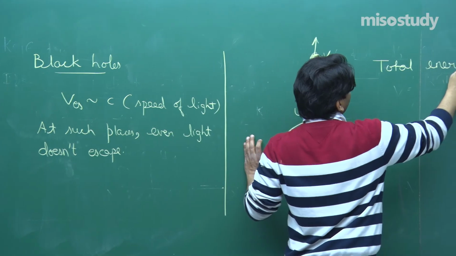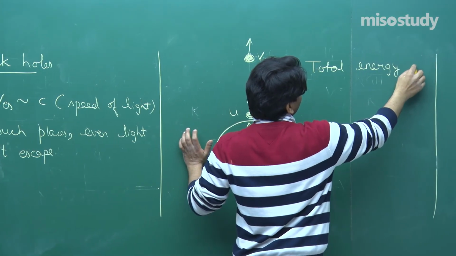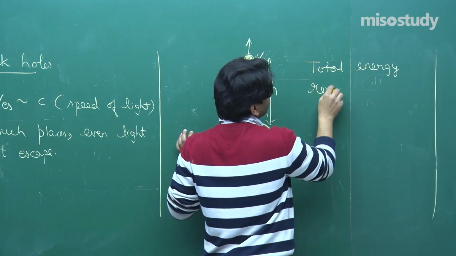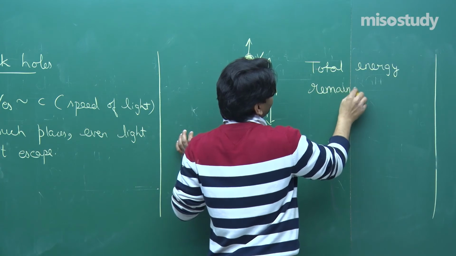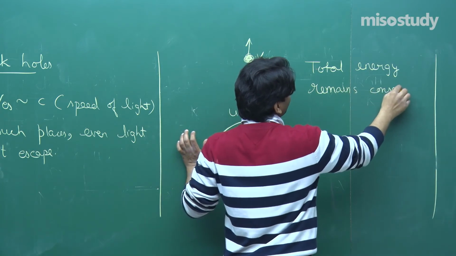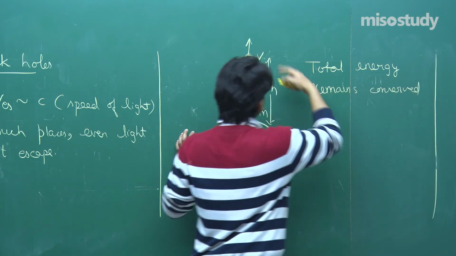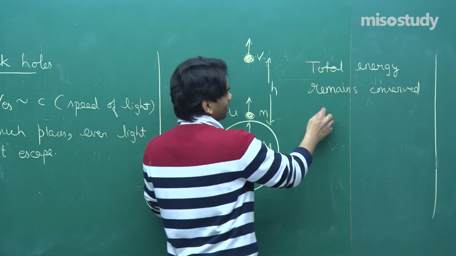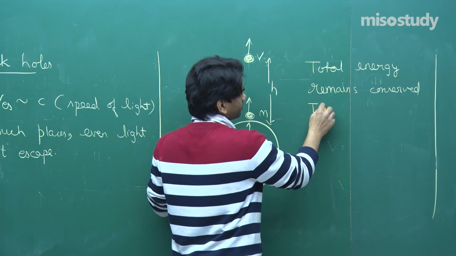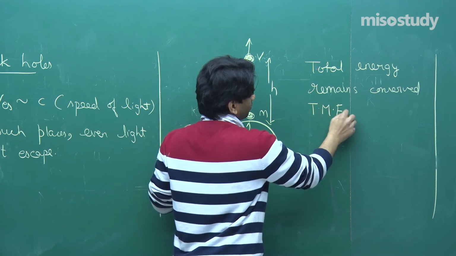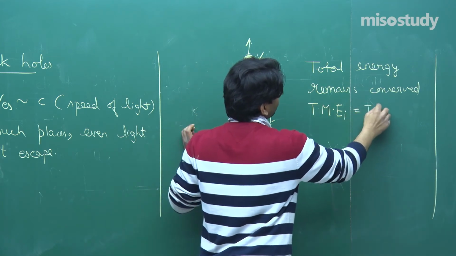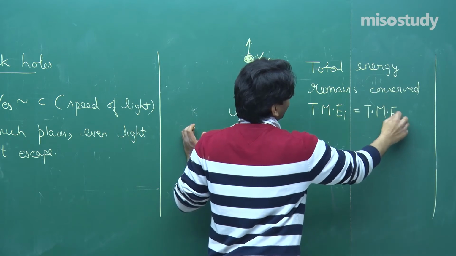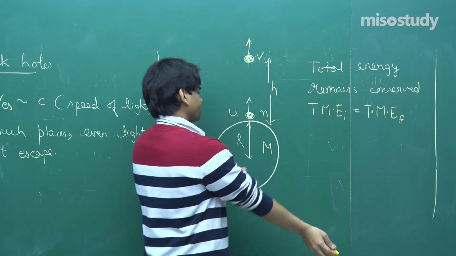That means you may use one more equation for two different states. If I take the initial position, the total mechanical energy initial will be equal to the total mechanical energy final.